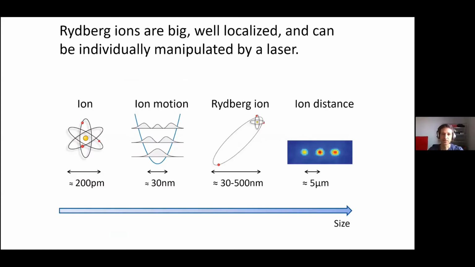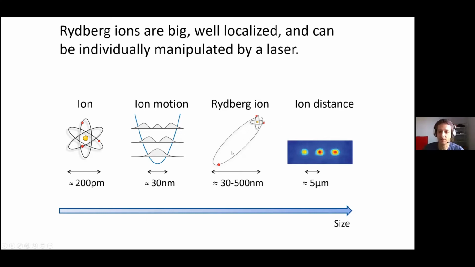Okay, what is a Rydberg ion? How does it compare with all the dimensions that you have there? Usually a ground state ion is very, very small, 200 picometer in diameter. The ground state wave packet of the ion motion is then typically on the order of 300 nanometers, so it's already much bigger than the size of a ground state ion.